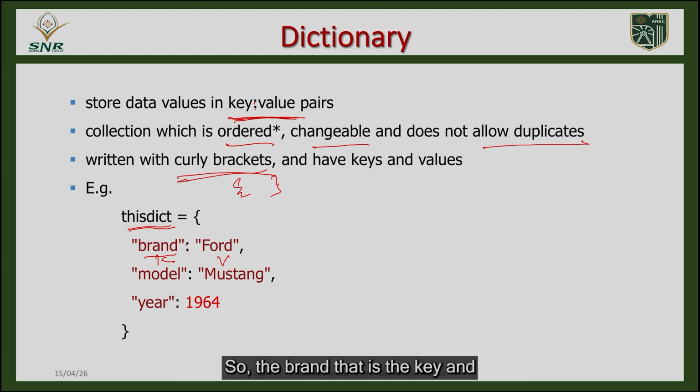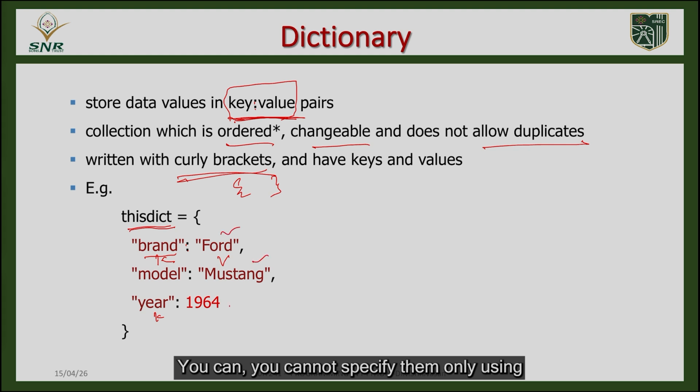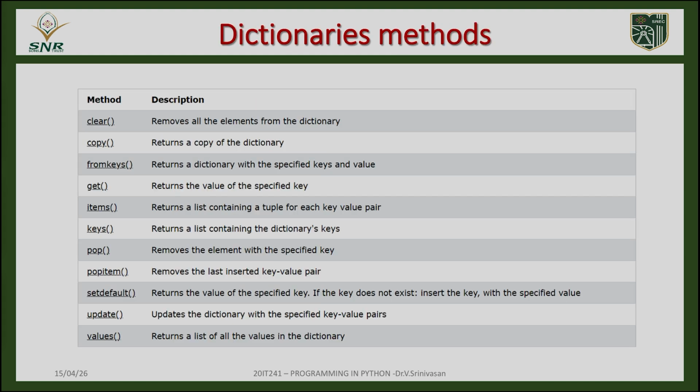So brand is the key, and the value of the brand is Ford. Model is the key, and the model is Mustang. Year is the key, and the year value is 1964. So always in a dictionary, it is represented using a key value pair. You cannot specify them only using values. You always need these keys also.